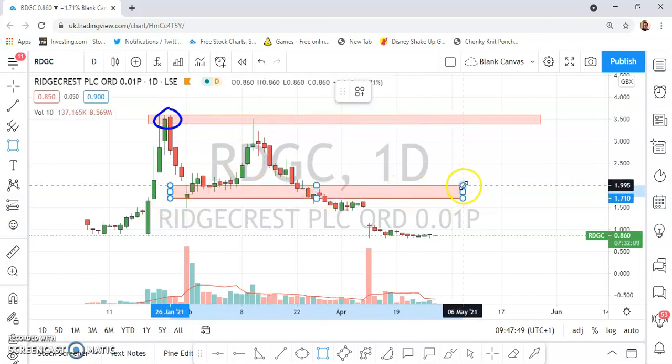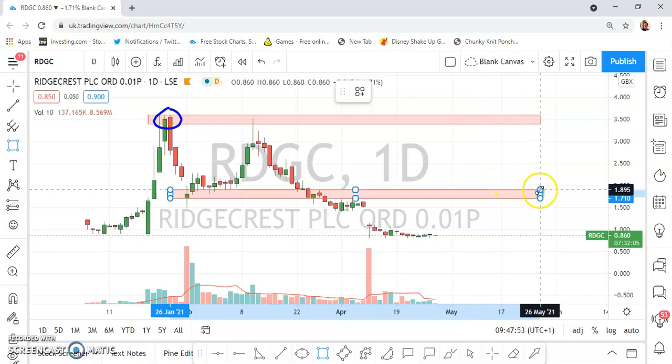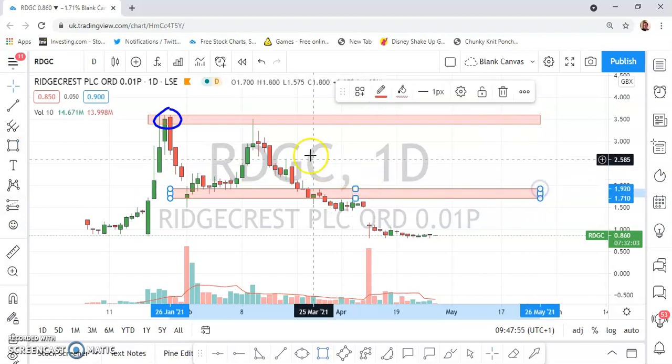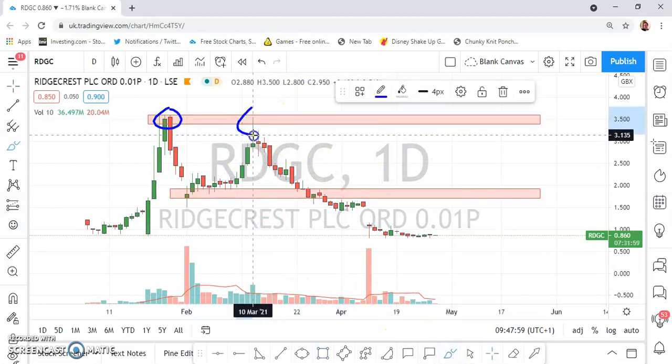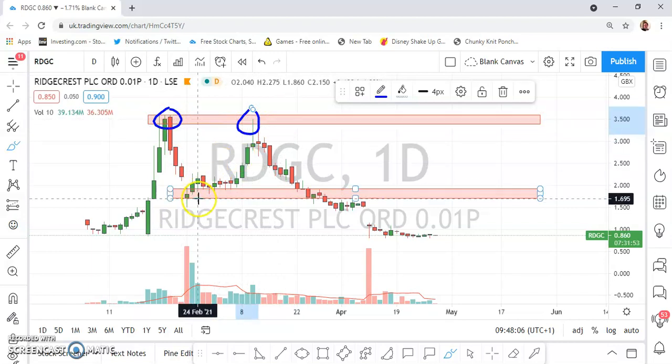So here we go. We'll draw a band in here because price basically returned back to its previous high. As you'll see here, price driven all the way back up to 3.5 from down here at 1.720.